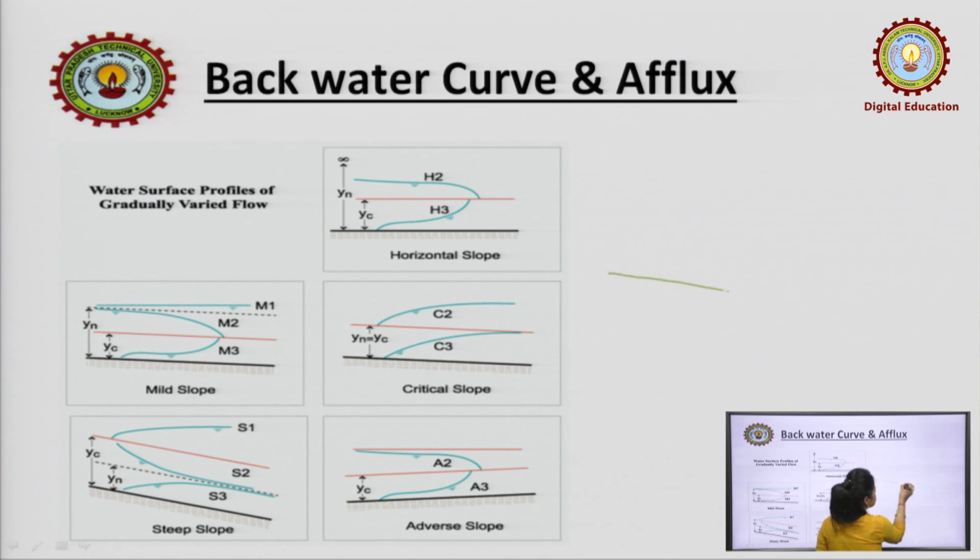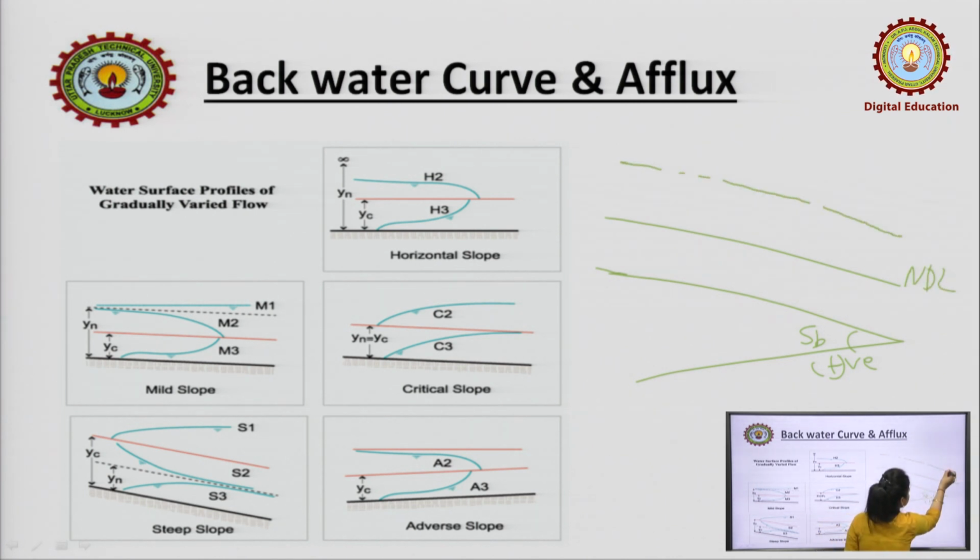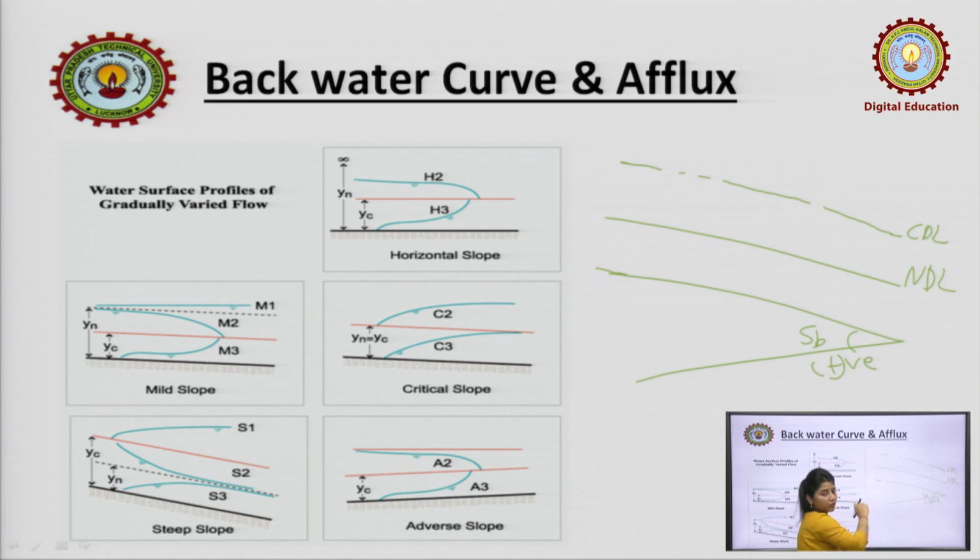You can draw a steep one. Let's suppose the slope Sb, and it will be positive. Since it has such a steep value, the normal depth line will be below the critical depth line, because critical depth is a value which is fixed for any given dimensions, and if you provide extra slope, that particular value will get down below the CDL value.